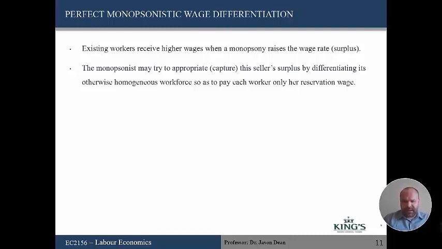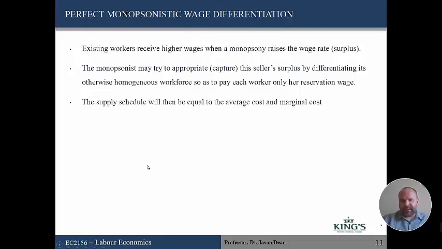basically this is analogous to price discrimination for a monopolist, but in this case the firm is hiring labor and they are a monopsonist because they're the only hirer of labor in that market. And so if they were able to determine the reservation wage of each worker and just pay them that, they would be able to extract all of the worker surplus.